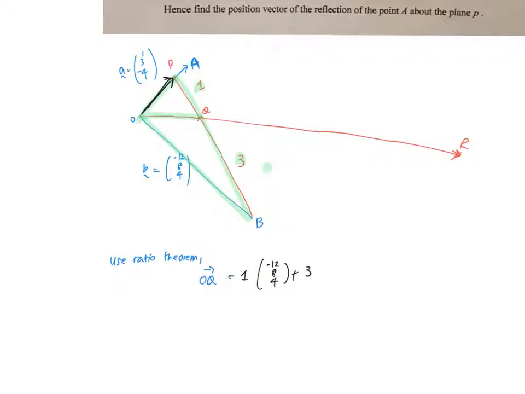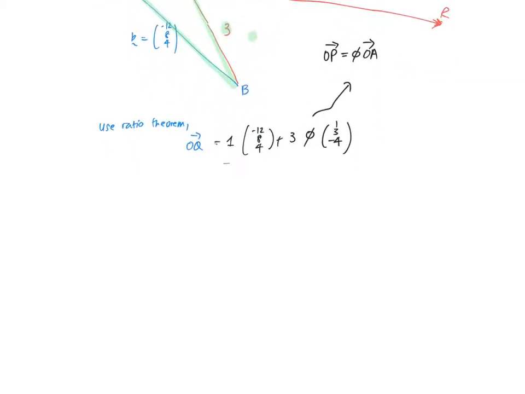So OP can be written as a scalar multiple of OA, because OP lies on OA. So that's what I do, then write down the ratio theorem and simplify my terms. This is what I get.